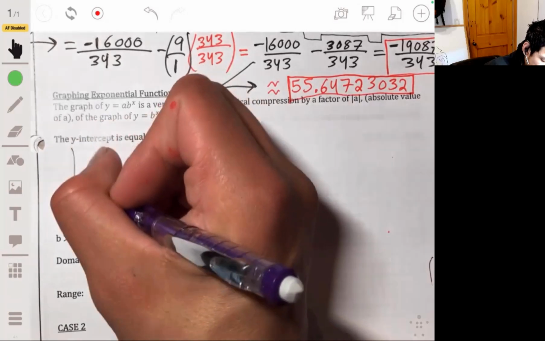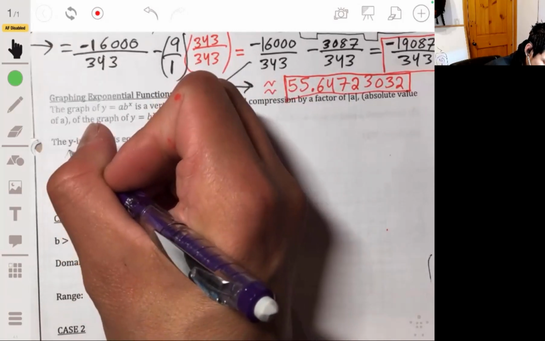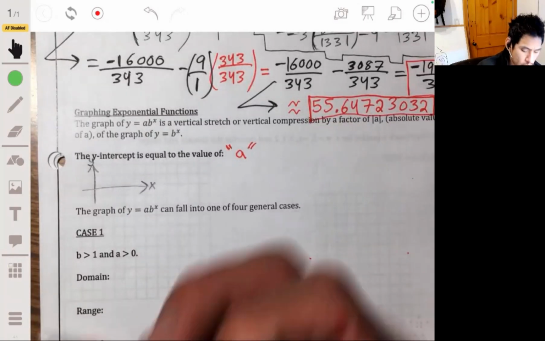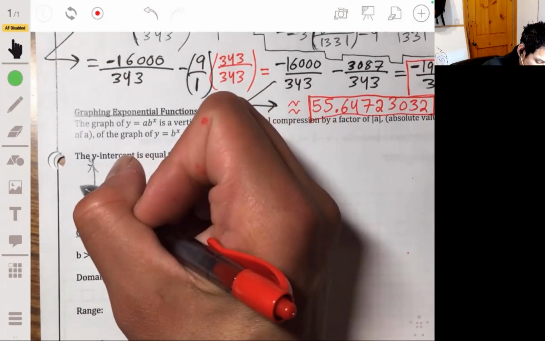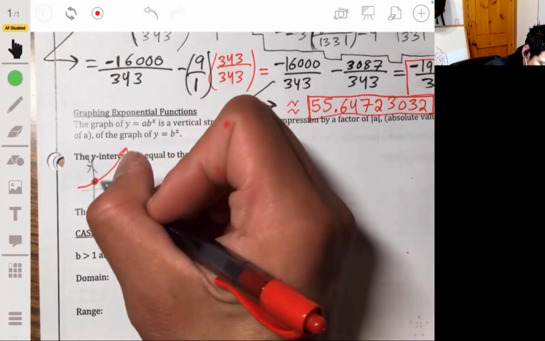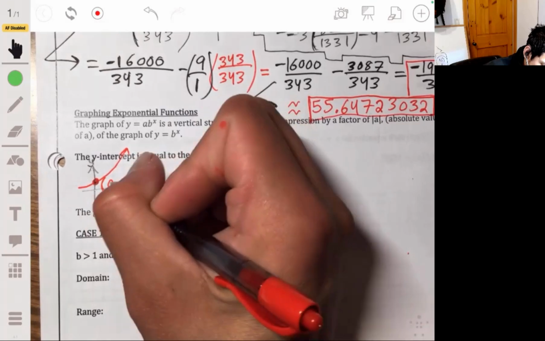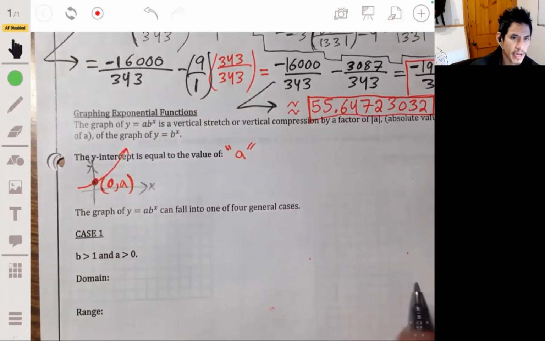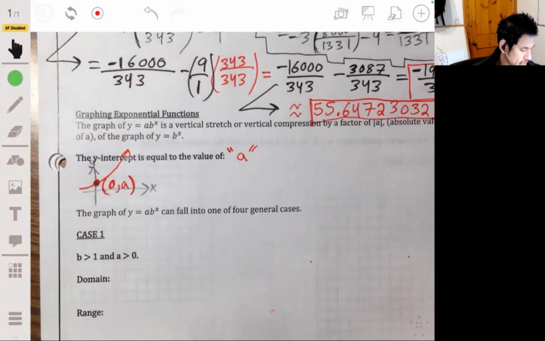So we have a graph. This is our x-y axis. These graphs are going to start looking like this. The y-intercept is the point here. That's going to be at (0, a). So whatever the a value is in the equation, that's the value on the graph where it intersects the y-axis.